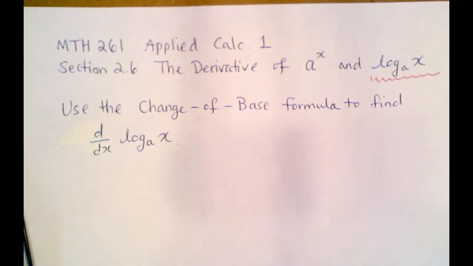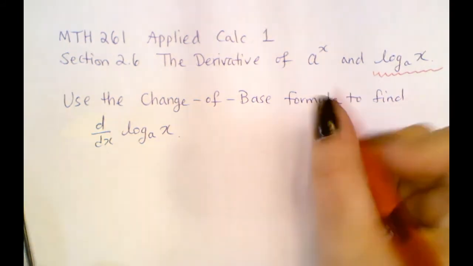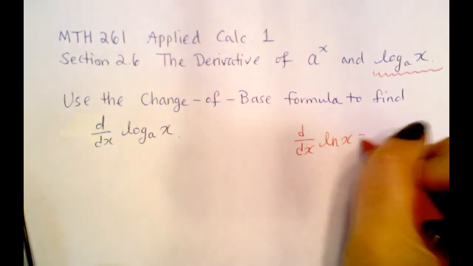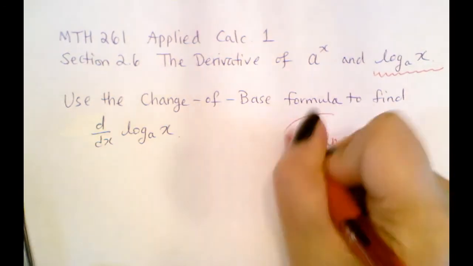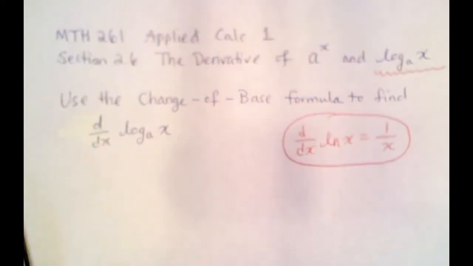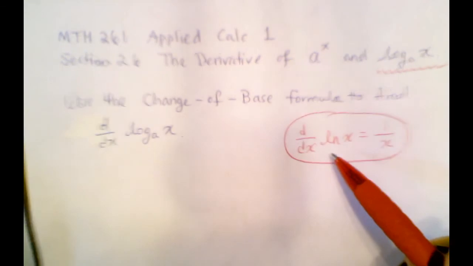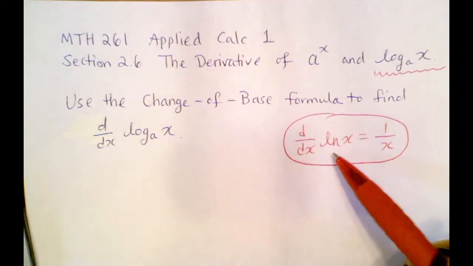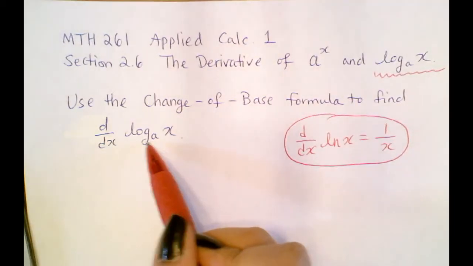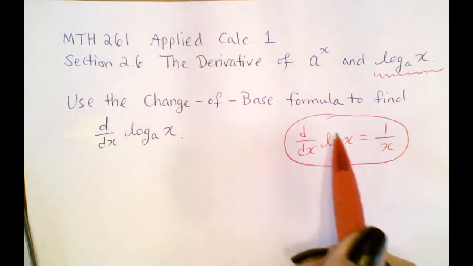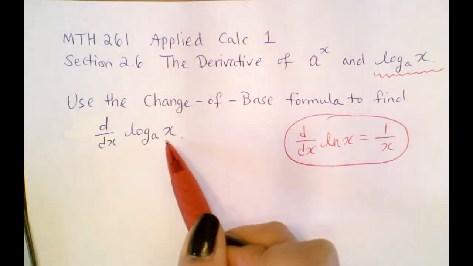I like it. But do remember one thing that we talked about before spring break. Remember that the derivative of natural log of x is equal to 1 over x. I hope you still remember this one. This log expression is base e. We're trying to do the derivative for a log expression with a base that is not e, so a is not e, but we're going to use what we know already to solve it.